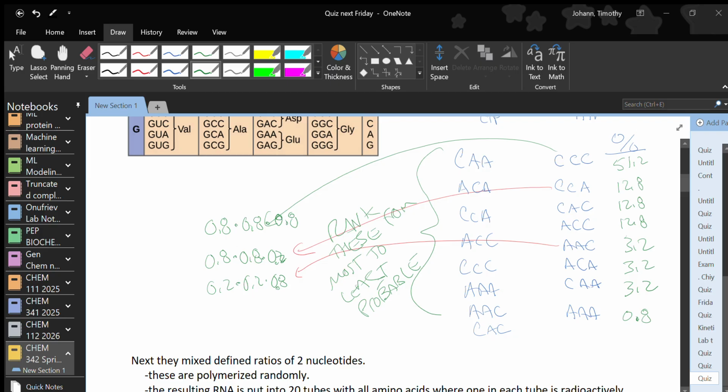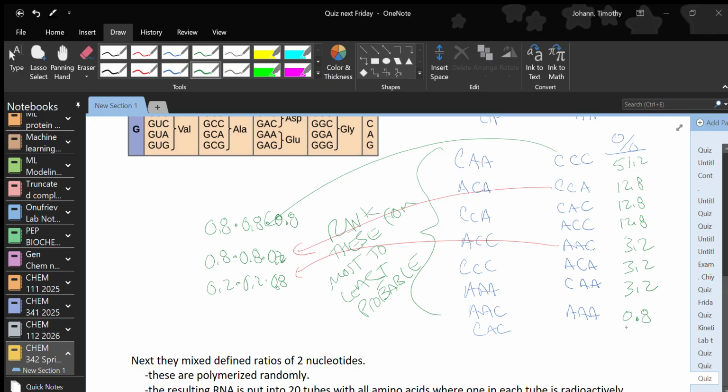Okay. Does everybody understand how we got those? Let me really quick add them all up and see if all's right with the world. Yes, all's right with the world. They add up to 100%.